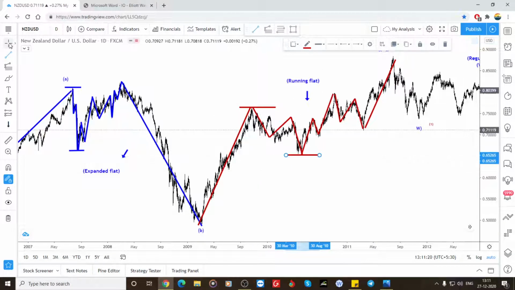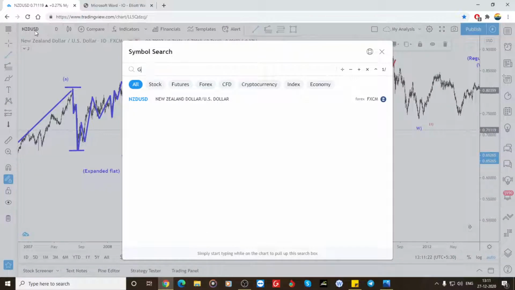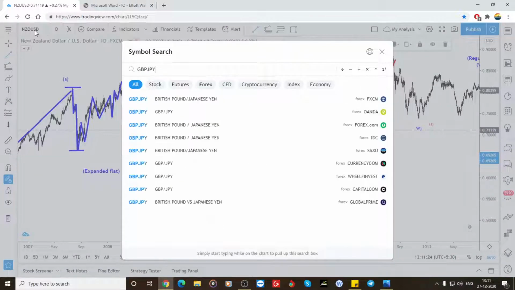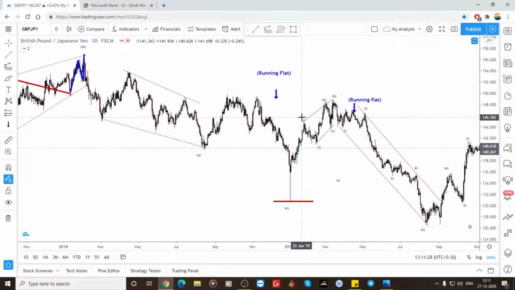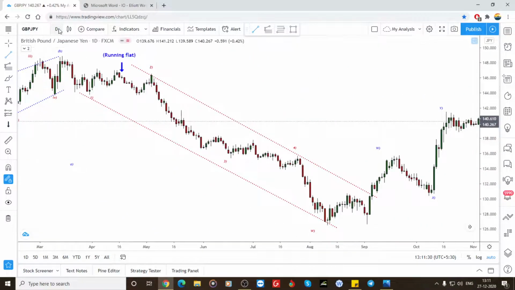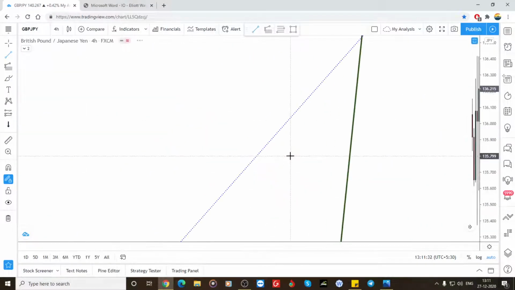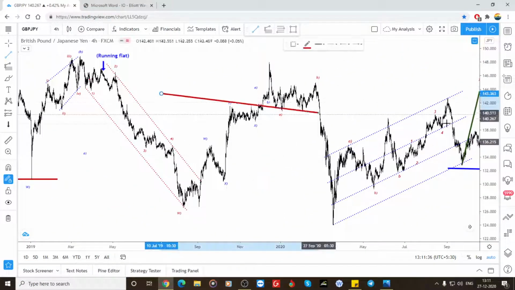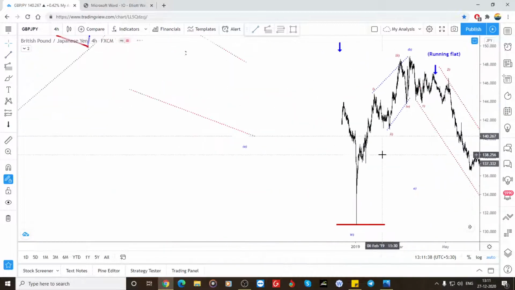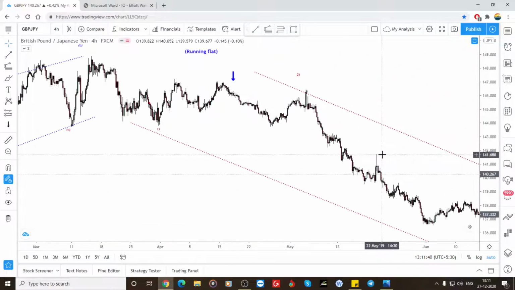Finally we will see GBP JPY. Here I will show you in the 4 hour also how we did it, the same pattern as the Australian dollar.